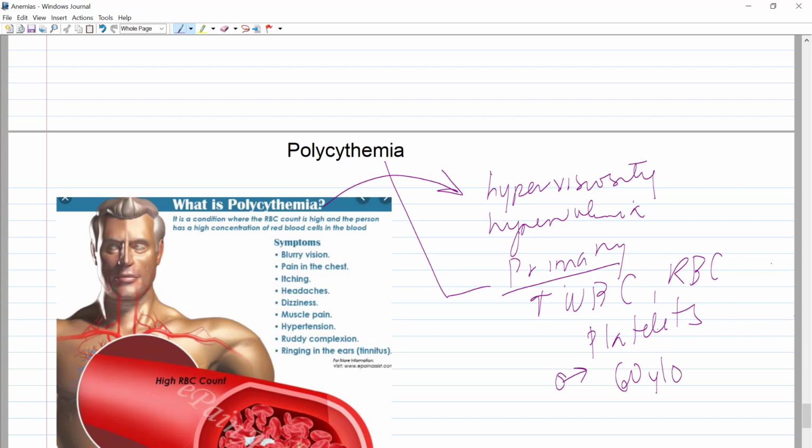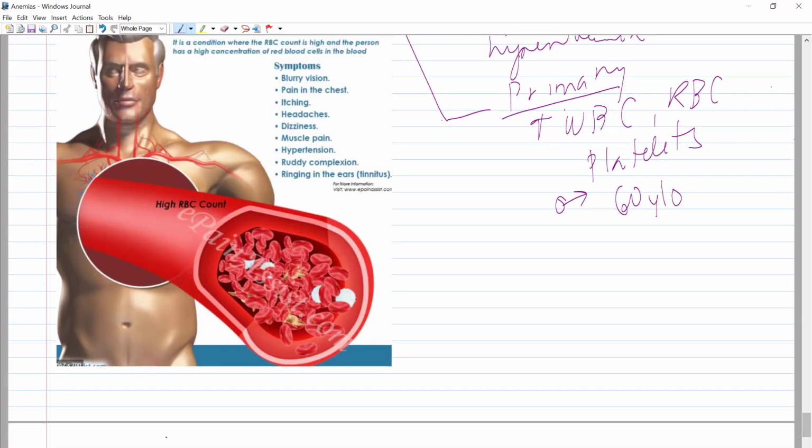Okay, well, the secondary type of polycythemia could be hypoxia driven or hypoxia independent. What do I mean by that? Now, when you say hypoxia driven, it's related to the physiological response.